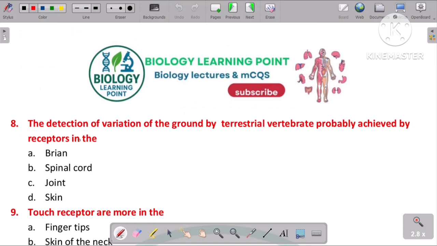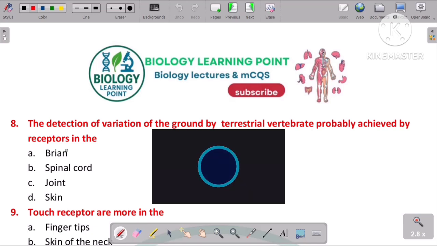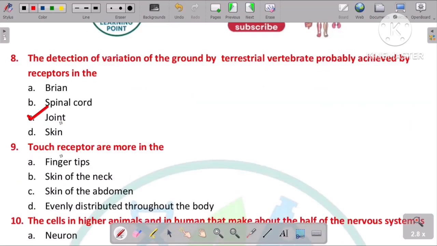So the next question is: the detection of variation of ground by terrestrial vertebrates is probably achieved by the receptors in... So the right option is option C, joints.